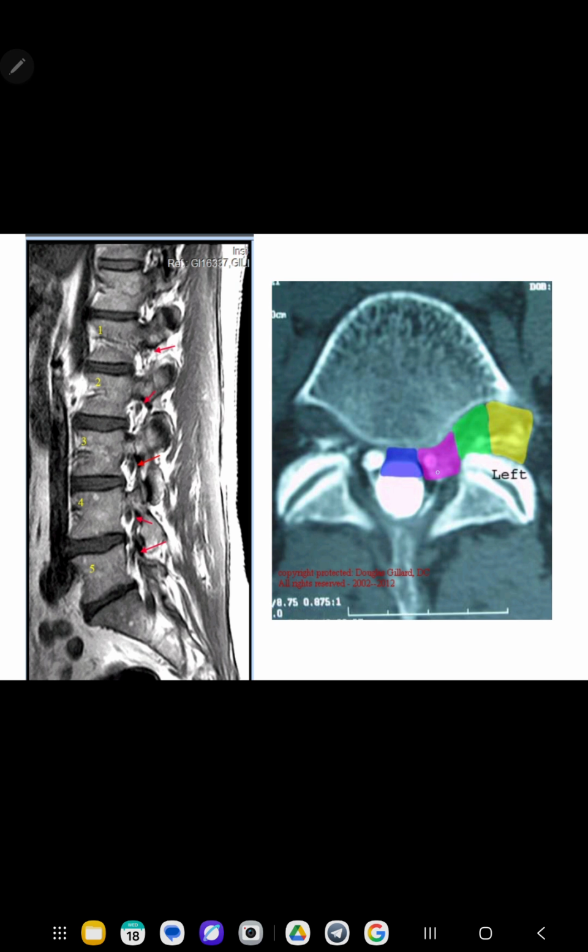The traversing nerve root is here, so it gets affected. The exiting nerve root is here, so what you see in this neural foramen is the exiting nerve root. Near this neural foramen will be the dorsal root ganglion.